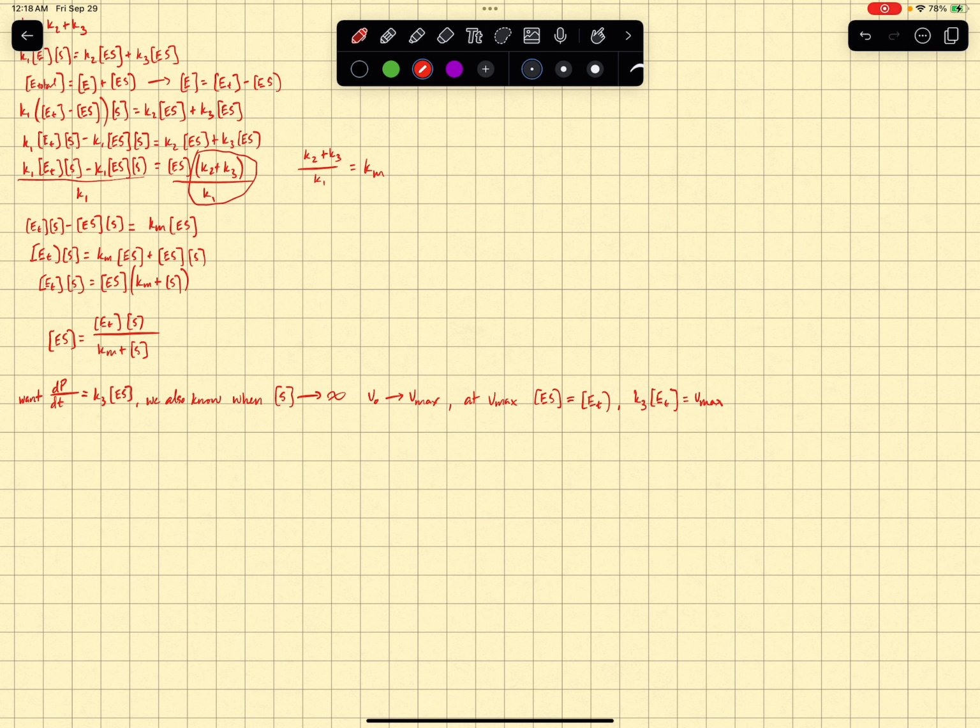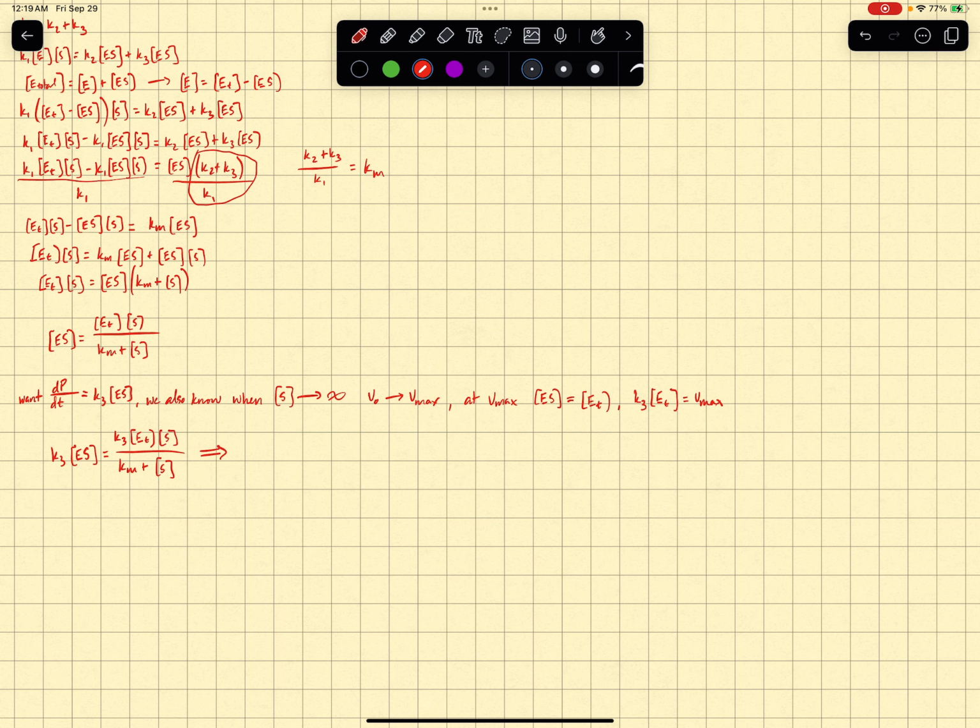So we can rewrite this equation as K3 times the enzyme substrate concentration. That's going to be equal to K3 times the total enzyme times the substrate concentration over Km plus the substrate. So if we simplify that, we get our Michaelis-Menten equation.